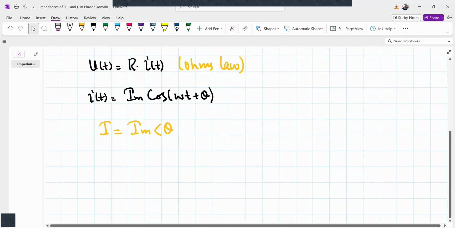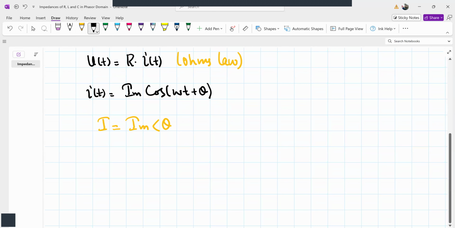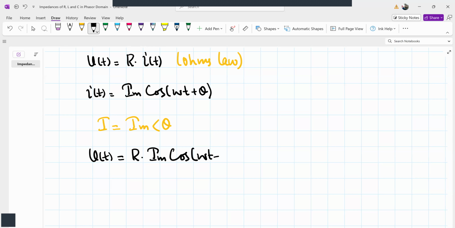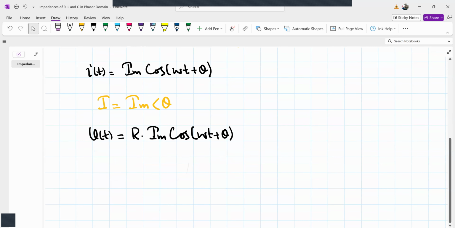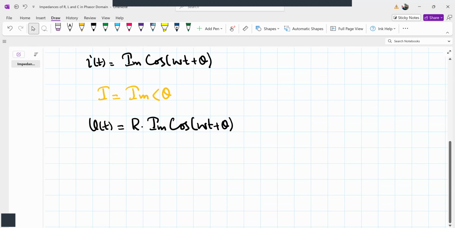So what will be V of t from this if we substitute I of t? So V of t will be simply equal to R times Im cosine of omega t plus theta. Now, if we substitute the phasor representation of I, we'll get the phasor representation of voltage.